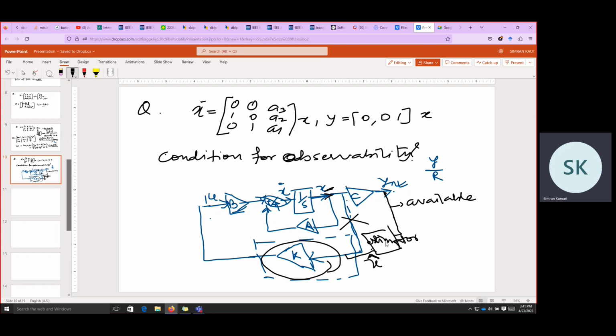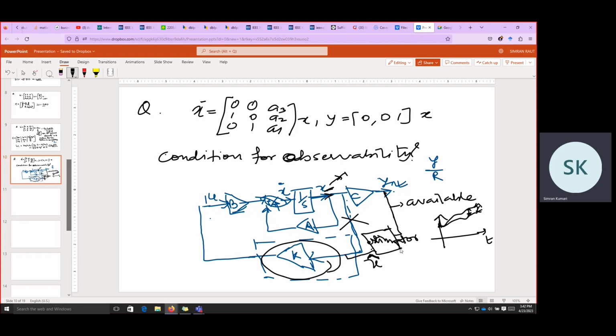And this estimator should be such that x cap and x should converge. Suppose the system is evolving from an initial state like this, and this estimator, with the same initial state, is evolving like that. So there is some error. However, we are trying to make these two converge with time.